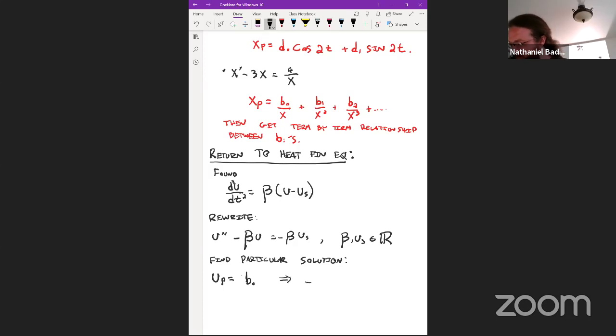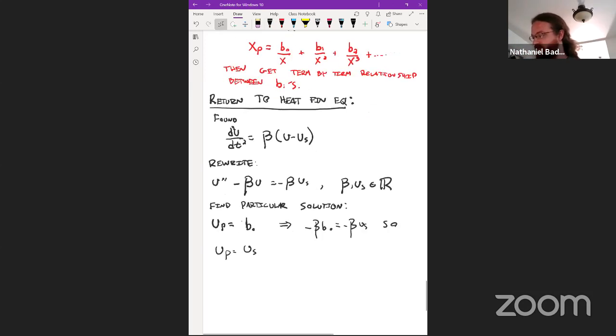That implies that minus beta B naught is equal to minus beta us. So our particular solution is just us, just the outside temperature. And what about the general solution now?